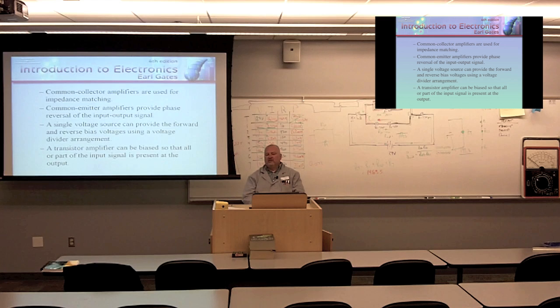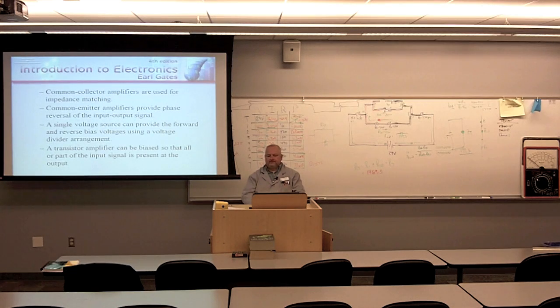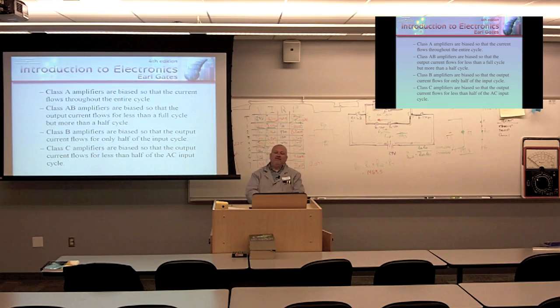A single voltage source can provide the forward and reverse bias voltages using a voltage divider arrangement. A transistor amplifier could be biased so that all or part of the input signal is present at the output. Class A amplifiers are biased so that current flows throughout the entire circuit.